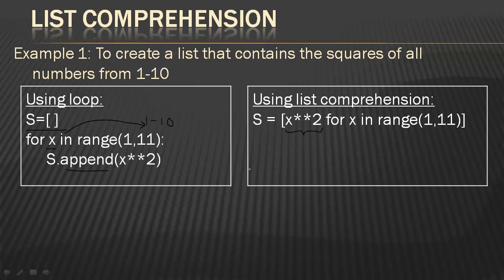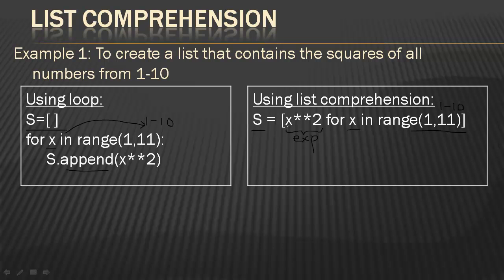Now, but what is the value of x? The value of x ranges from 1 to 11. 1 to 11 means, like the previous case with the for loop, it goes from 1 to 10. So what does this line exactly mean? Now this is your expression, which is going to be evaluated, and that evaluated value is going to be stored in the list called S. So x raised to 2 is what I want to store in the list.